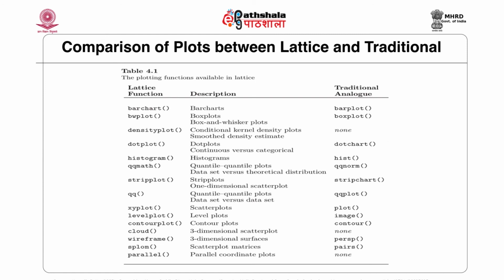For example, if you use xyplot and then give the x and y values, it'll produce a scatter plot in lattice. Whereas in the traditional system, all you need to do is just put plot, and that's about it. Okay. So you can map between these different systems. A good way to do this is to type the specific help files and then go from there.